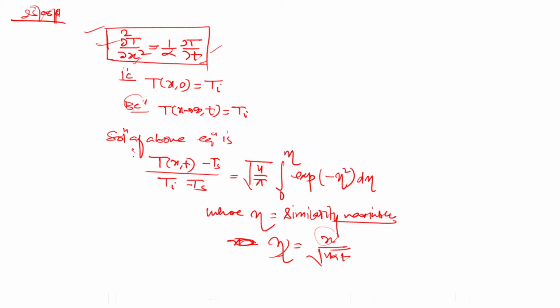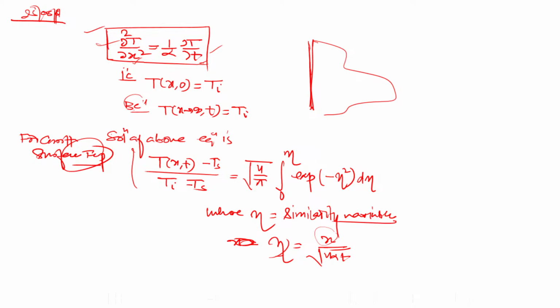This is the solution for constant surface temperature. Constant surface temperature means the temperature of the semi-infinite solid is changed. One identifiable surface is there, and initially the temperature was Ti, and immediately it is changed from Ti to Ts at x equal to 0.